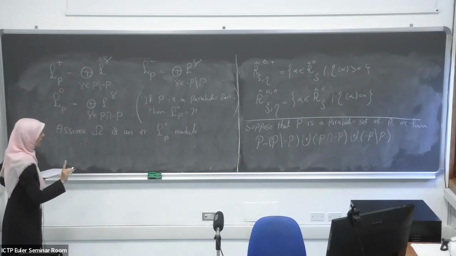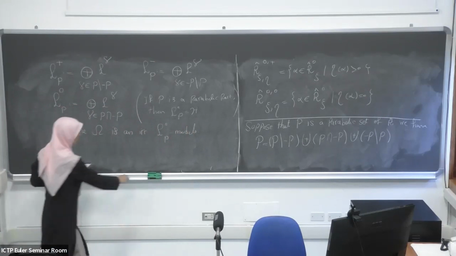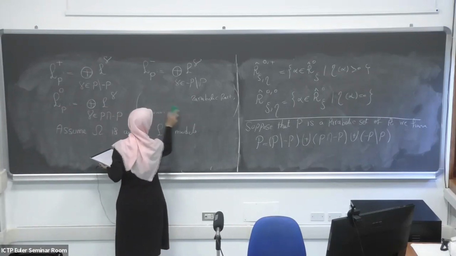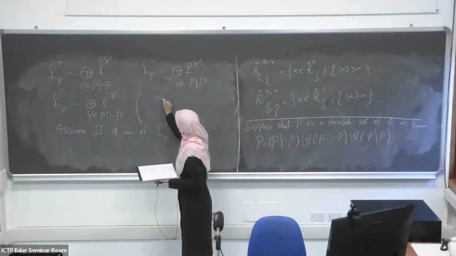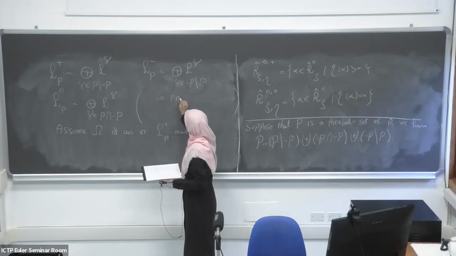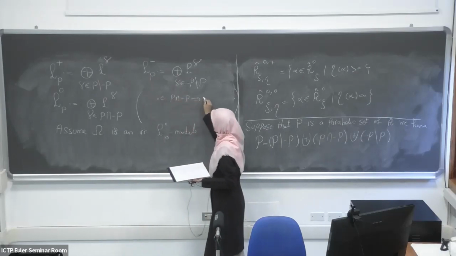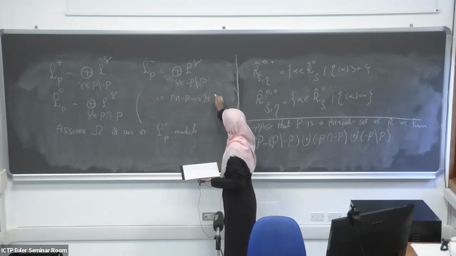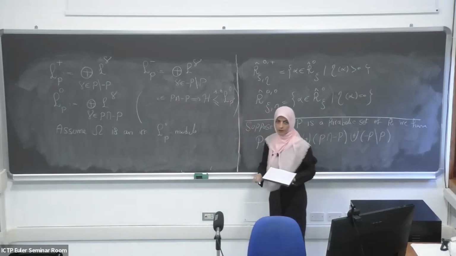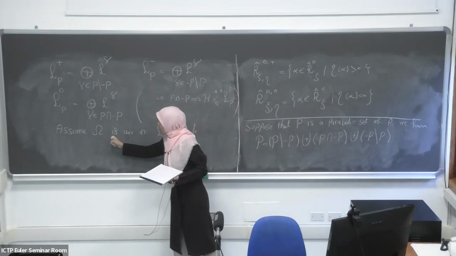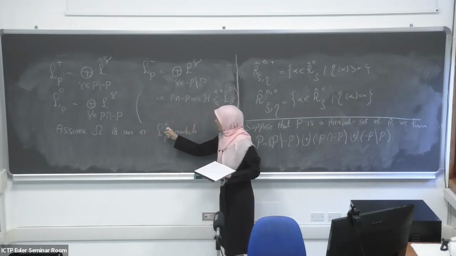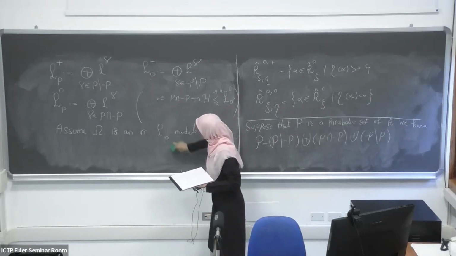I should mention that in general, 0 is an element of P intersection minus P, which implies that H is a subalgebra of L null P.